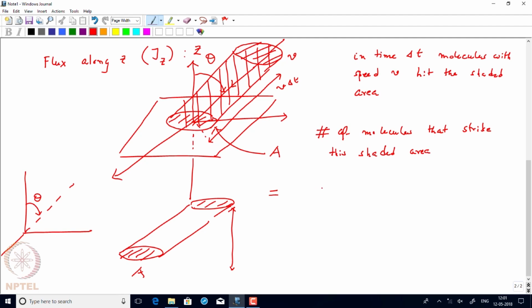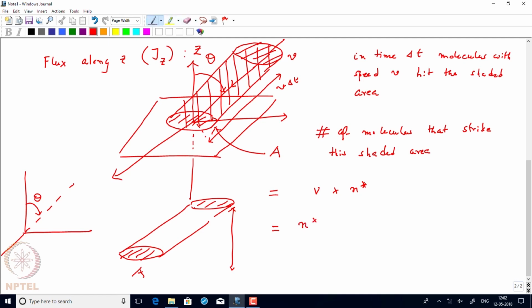So the volume of the cylinder, V, times the density of the molecules, that will be nothing but V times n star. Let me actually replace the V first. So V is nothing but the base area times the vertical distance, and the vertical distance, as we just said, is v delta t into cos theta. Let me write that n star first.